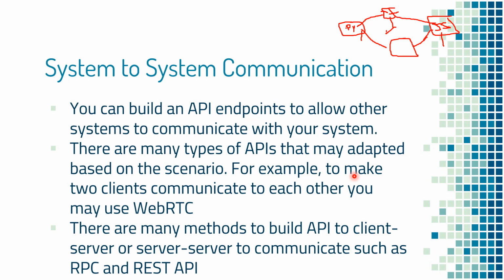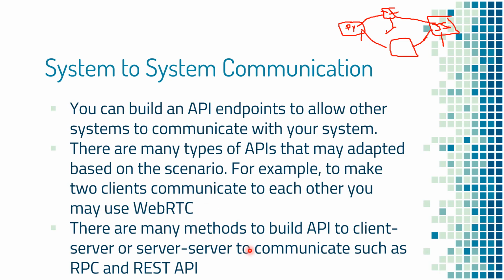But in most cases, you would like to make your system's information or data available to anyone who wants to use it, and to use some external data and populate it in your system. Therefore, this kind of communication, we call client-server communication.